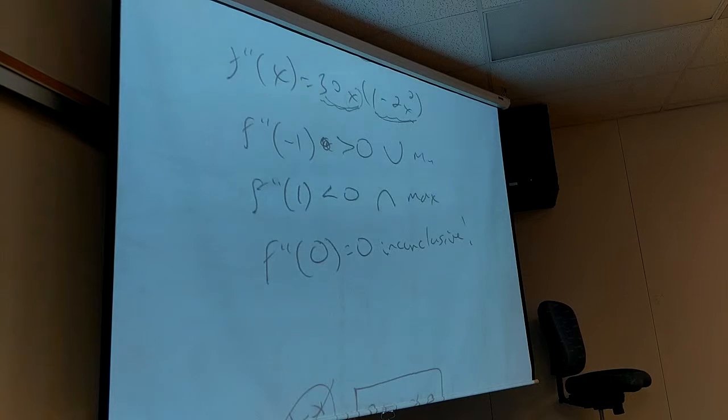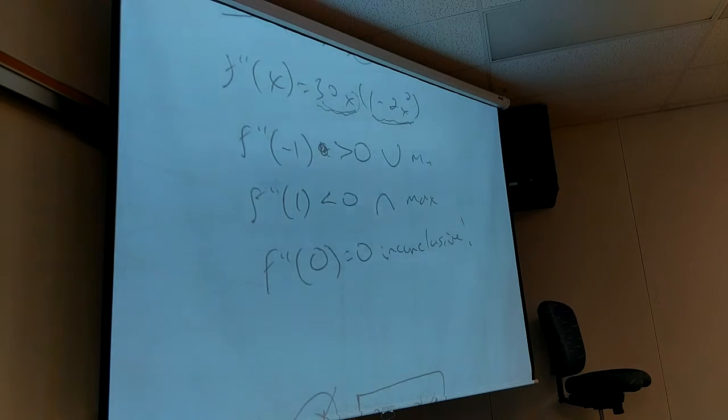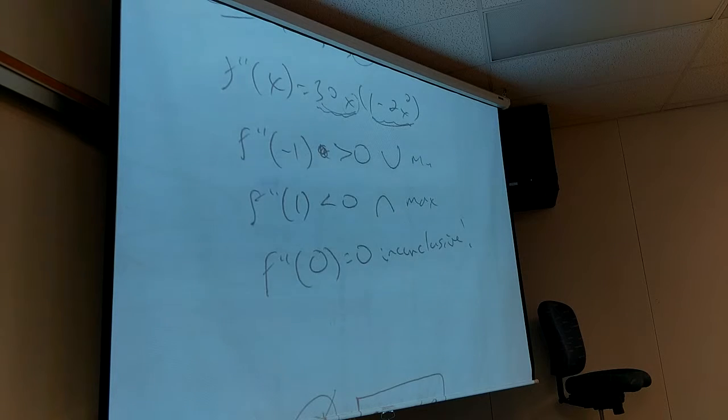If the second derivative is 0, the second derivative test can't tell what's going on there. You have to go back to the first derivative test. There's give and take for both. That's why they both exist.